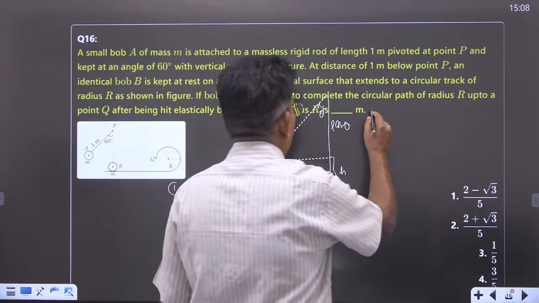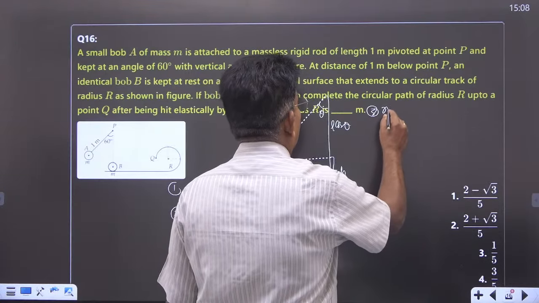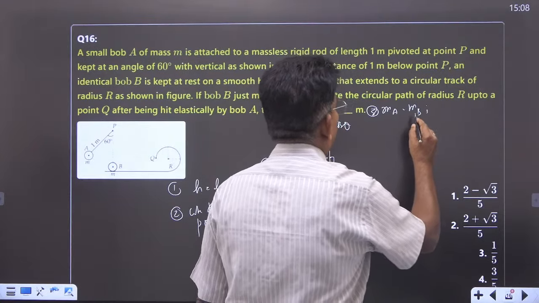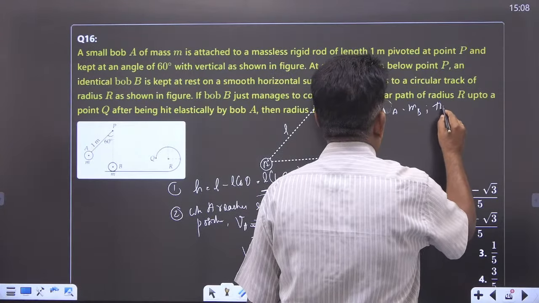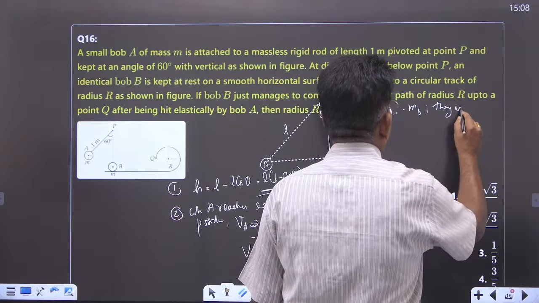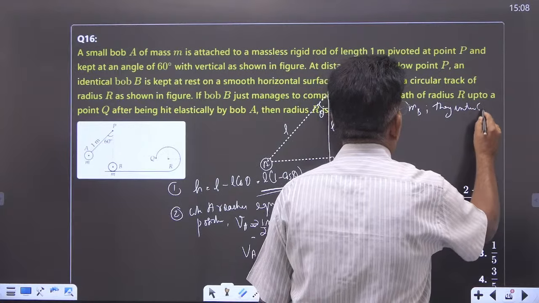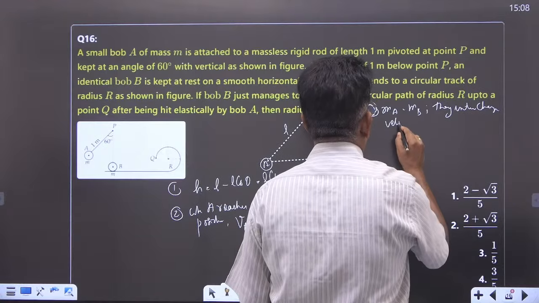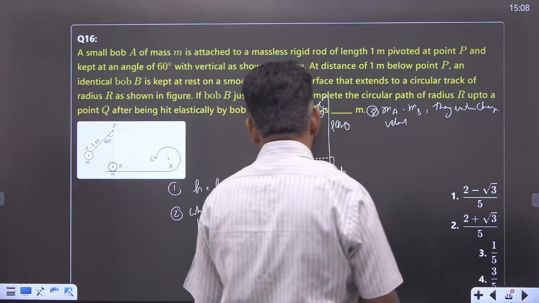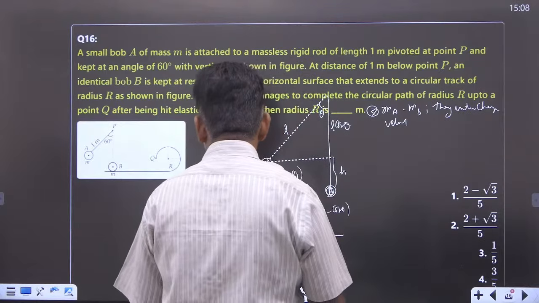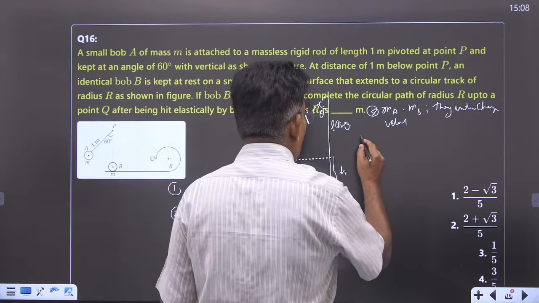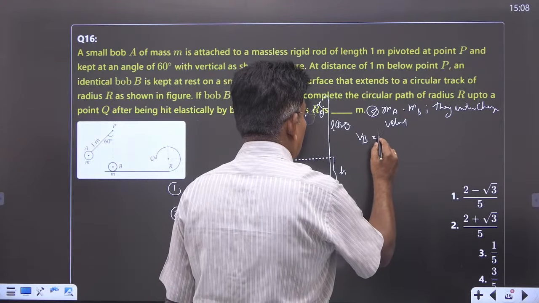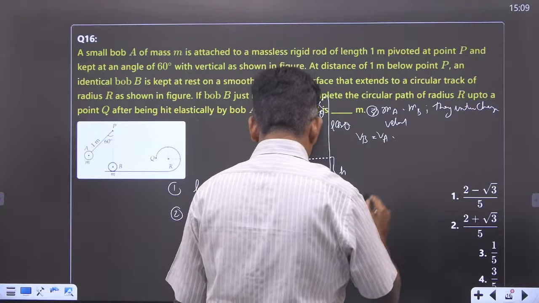Number three, the mass of A is equal to the mass of B, so the collision is elastic. They interchange velocities. Now, B will start moving with the velocity of A. How much is the velocity of A?